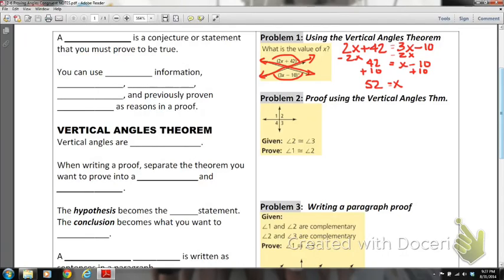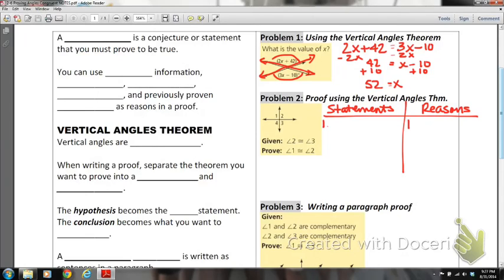In problem 2, they want you to write a proof using the vertical angles theorem. So let's do a 2-column proof. So we're going to have statements on the left and the reasons for each statement on the right of our 2-column proof.